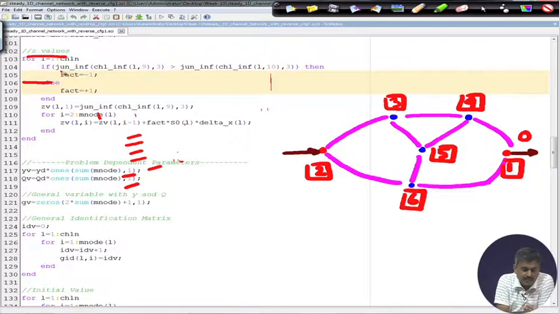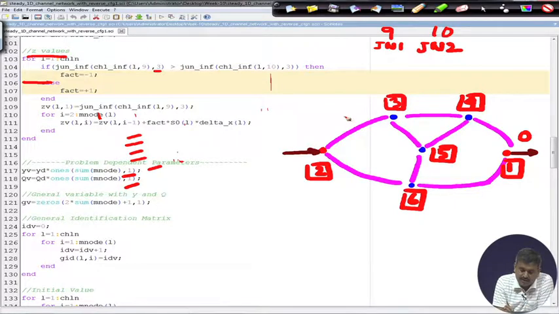So, junction information, and in junction information we are asking for values from third column, and this is for channel information L9, this is JN1 and JN2. We are asking information for this 9th and 10th column.